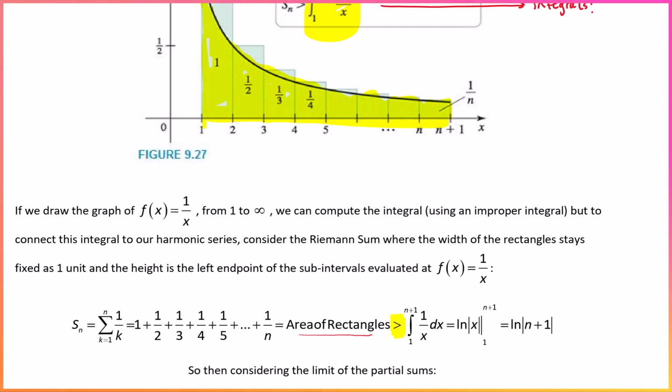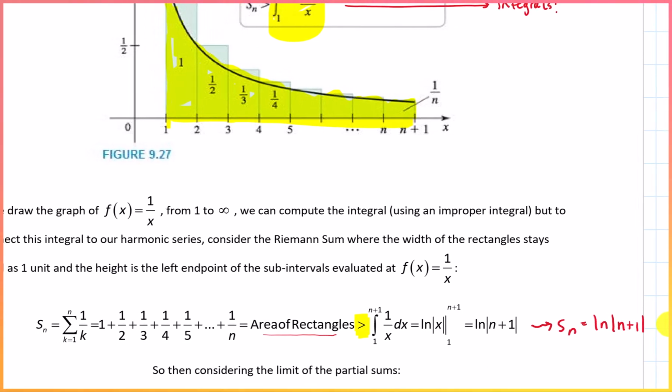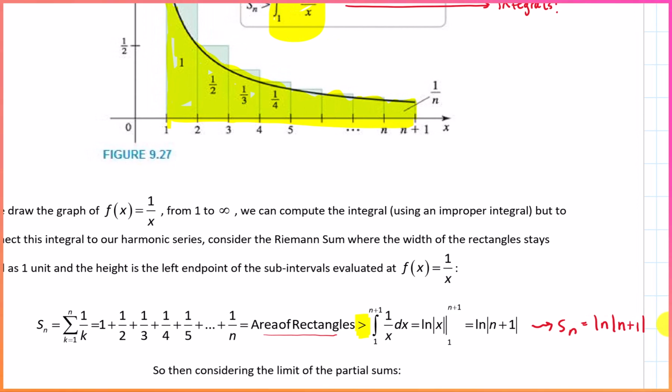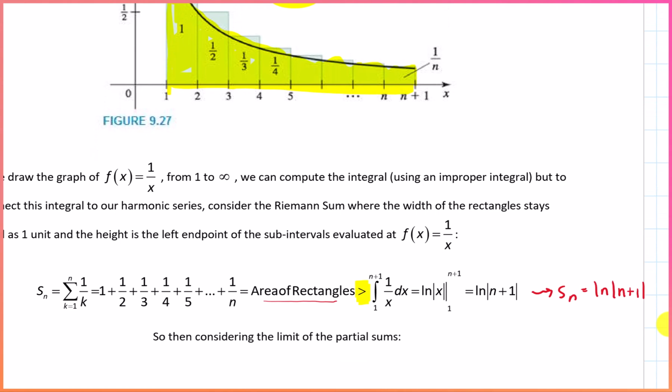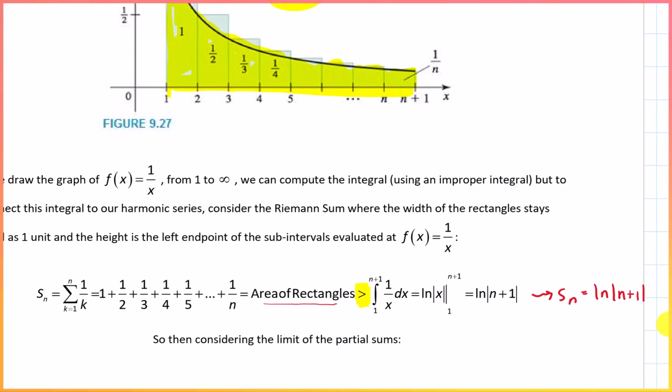So we find here that the partial sums, S sub n, are greater than the natural log of the absolute value of n plus 1. We don't really need the absolute value because n is a positive integer. But how do we determine if a series is converging or diverging? Well, we take the limit of those partial sums as n goes to infinity.